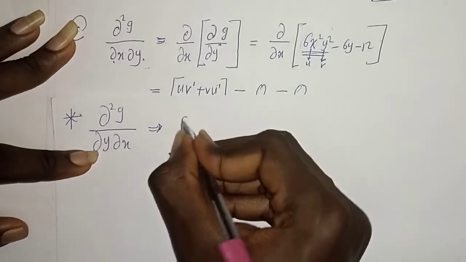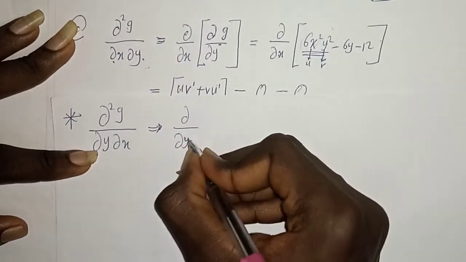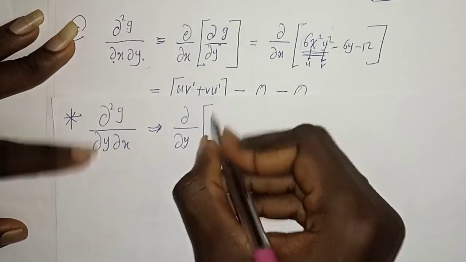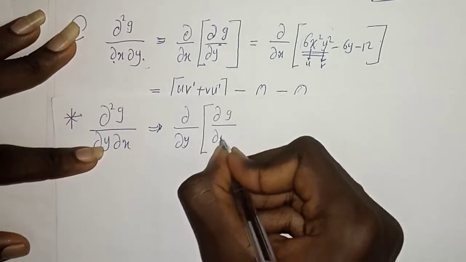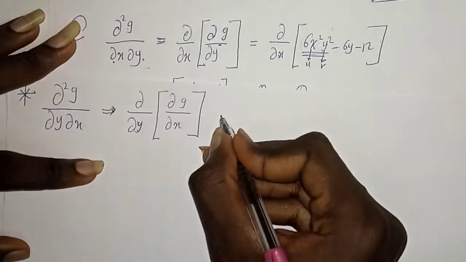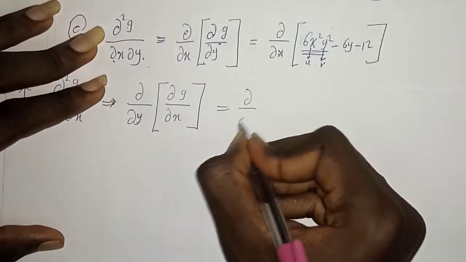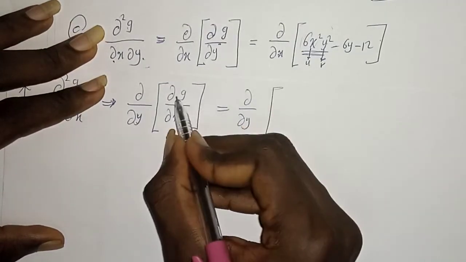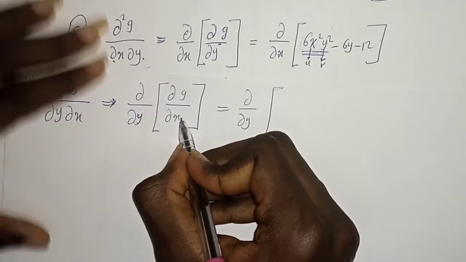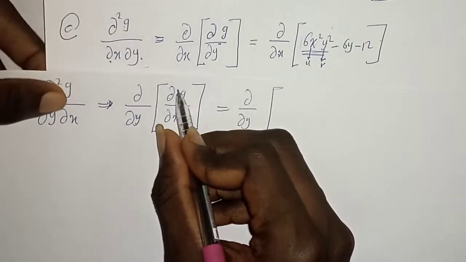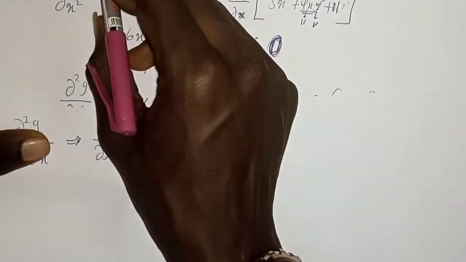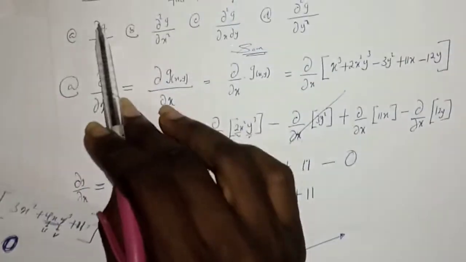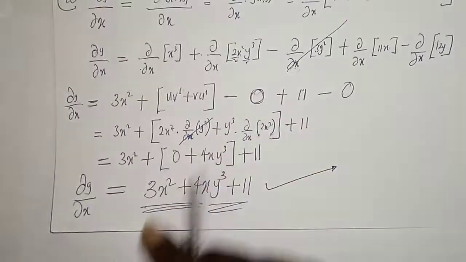So this implies picking del y first, and then whatever you have left will be del g over del x. So I have del y of del g del x. That we have already. This is the first question given to us, and we end up having this result.